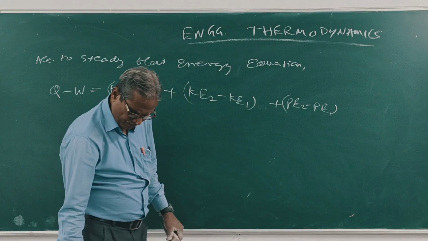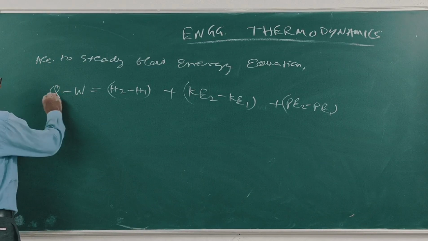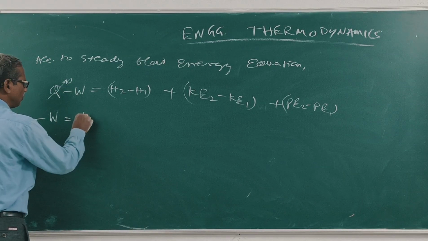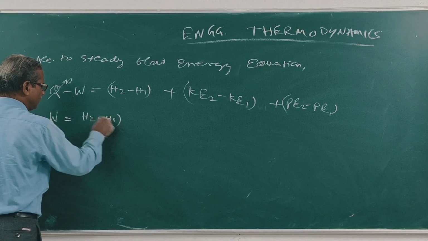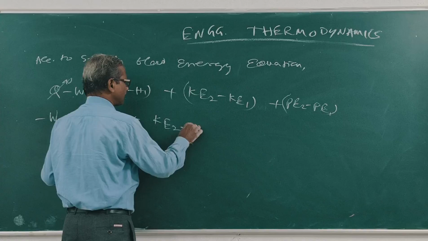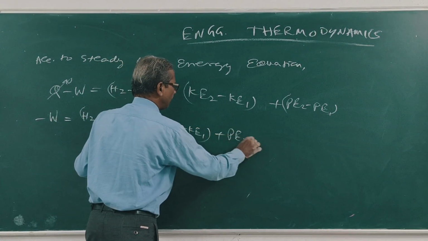Clear? So Q is 0, so minus W is equal to H2 minus H1 plus K2 minus K1 plus P2 minus P1.